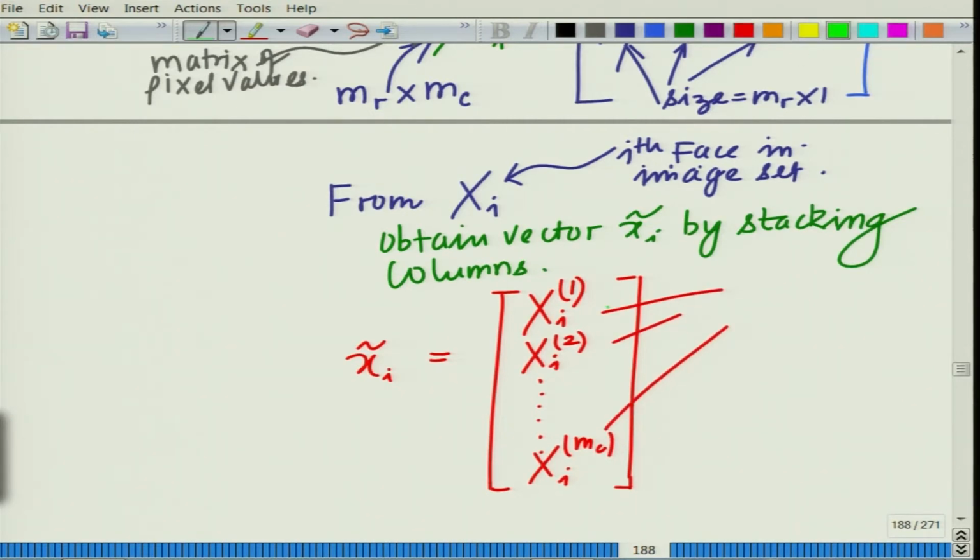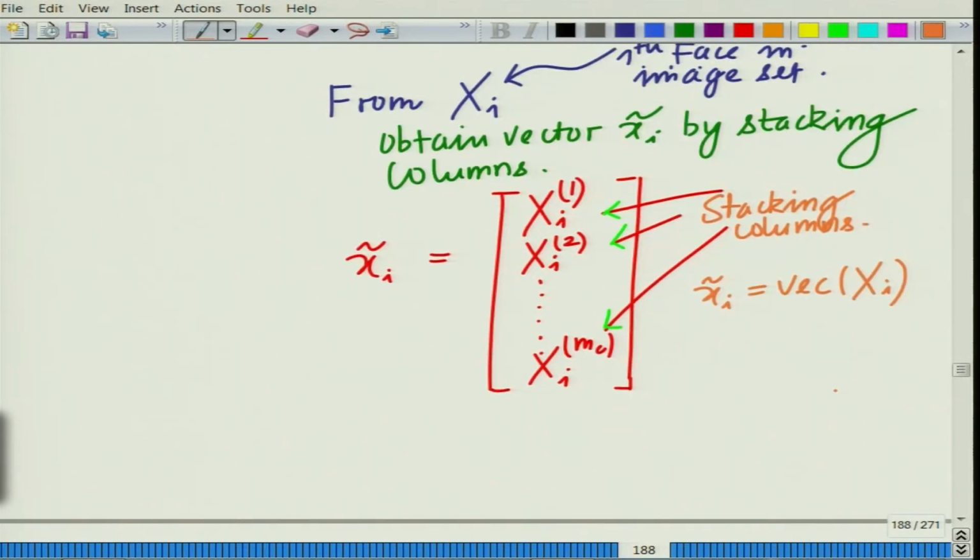This is fairly easy to understand. This is a standard operation, also known as the Vec operation. So, x tilde i in mathematics is obtained by the Vec operation. You take a matrix and stack its columns to obtain a vector.